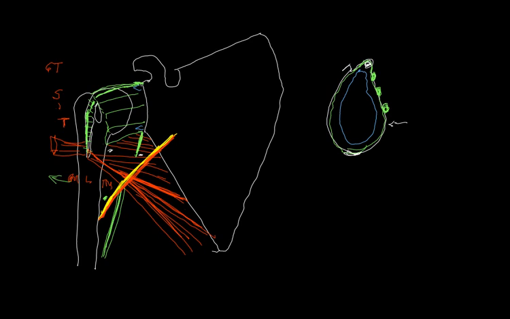This quadrangular space here is bounded by the teres major, this lax part of the capsule, sandwiched between teres minor and subscapularis, which arises from the anterior surface of the scapula and gets attached to the lesser tuberosity.